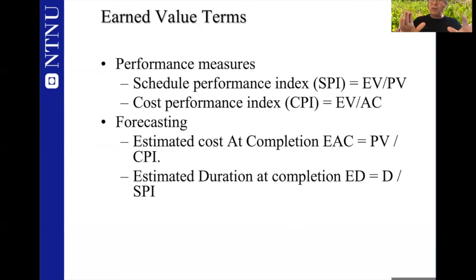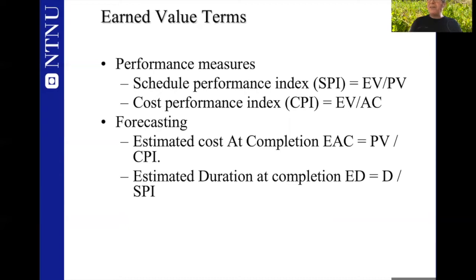You were supposed to produce the equivalent of 1,000 kroner, and you checked the earned value. What is the value of the work you have produced? You find that it is only 800 kroner. It is an estimation, a subjective estimation, but this is what we have right now. Then your SPI is simply 80%. This is an indication that you are lagging behind. You are lacking 20% of work in order to be on schedule.